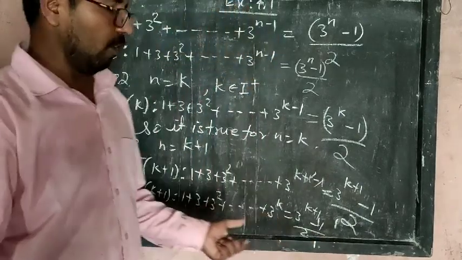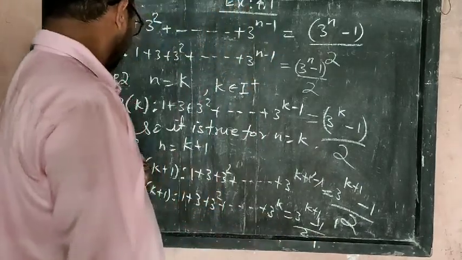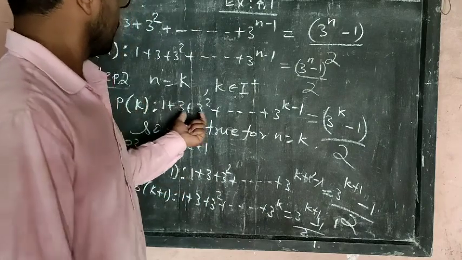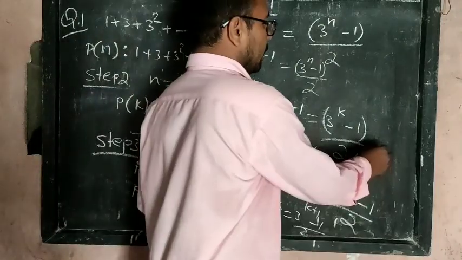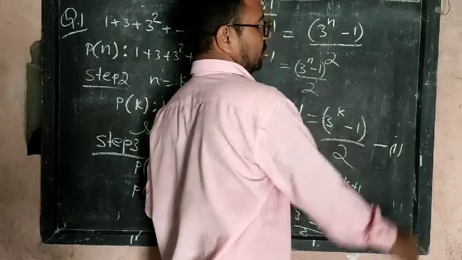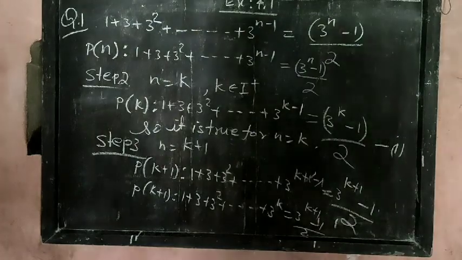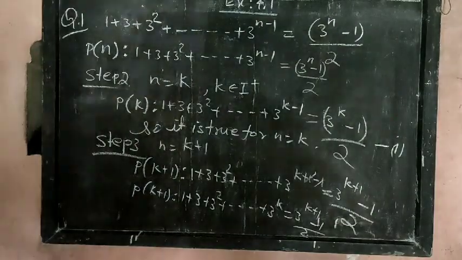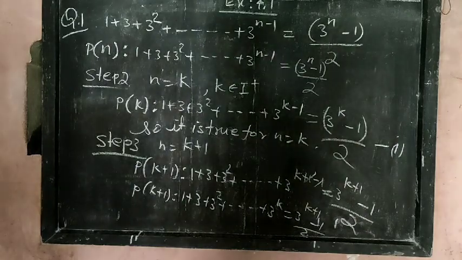This much we have got. So students, always take this in step number 2. Whatever we are getting, make it equation number 1. Wherever you are putting n equal to k, always put that equation number 1. We will use that equation in step number 3.